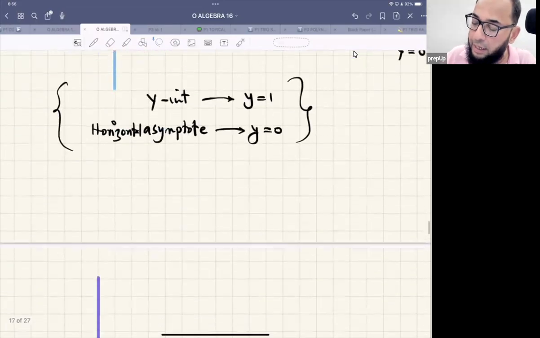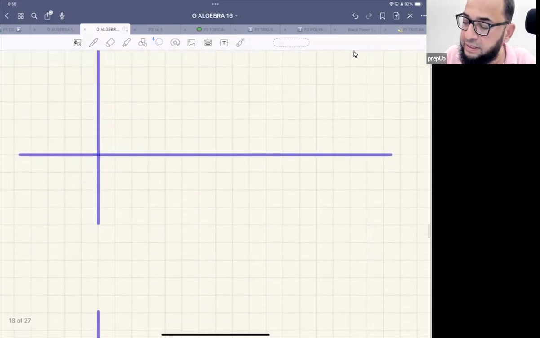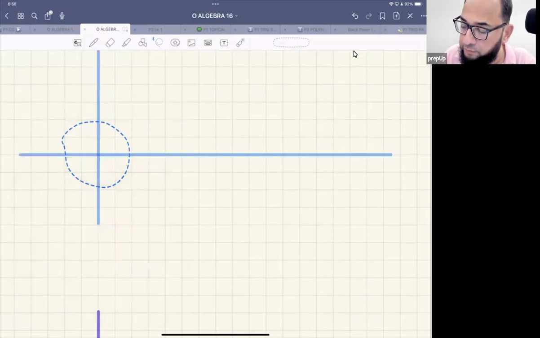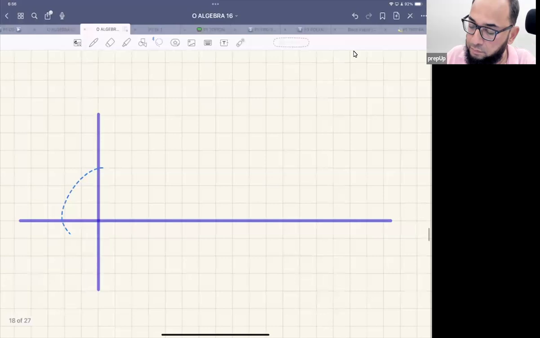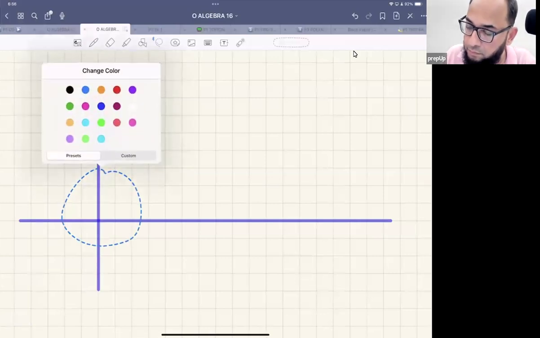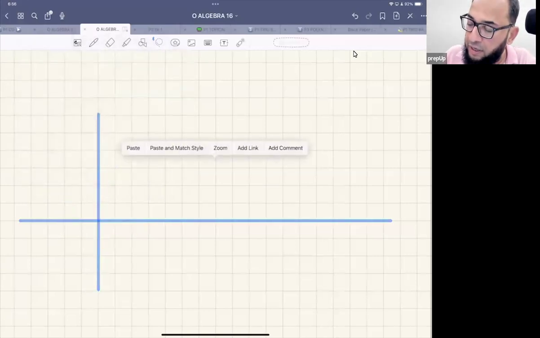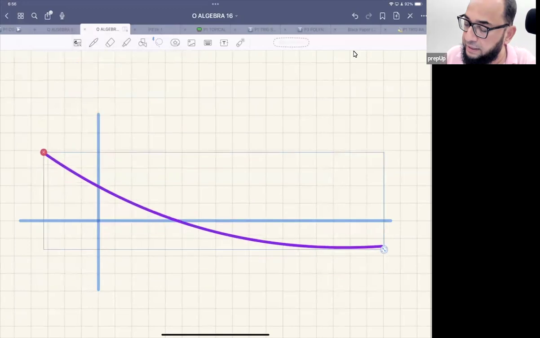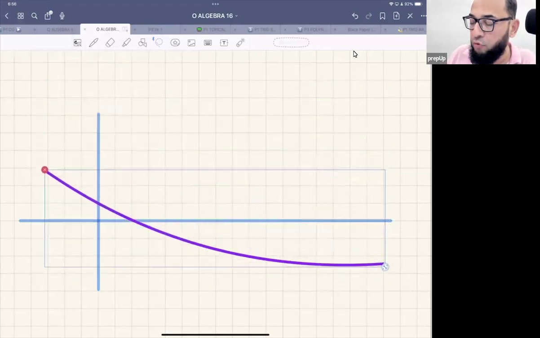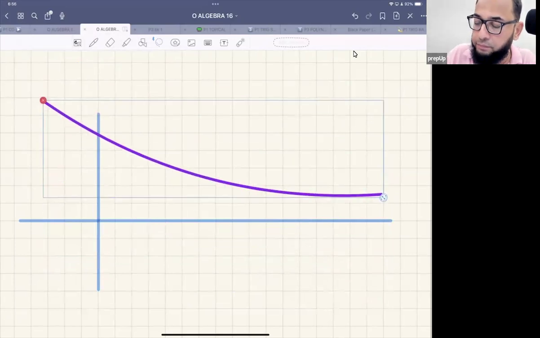Now let me change the color so it doesn't mix up. Okay. Now, if I plug the graph like this, that's how the graph moves. It can move up, it can move down.